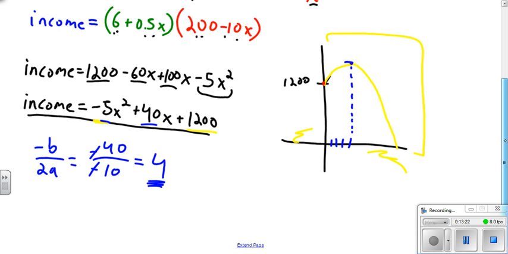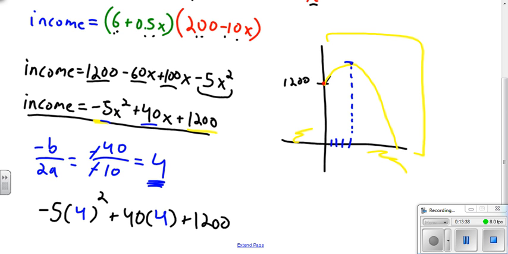So we have to plug 4 back into this function. So we'd have negative 5 times that squared plus 40 times, and we know that the x value we're looking for was 4 in each instance.